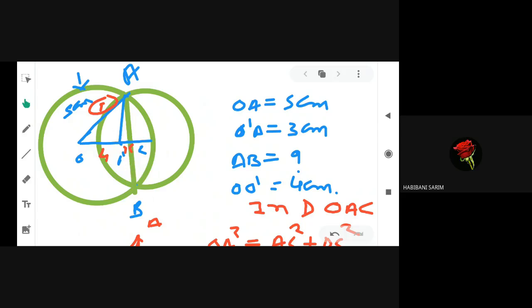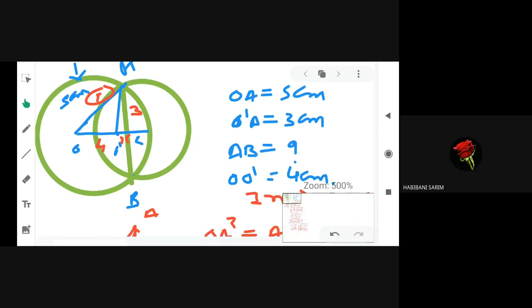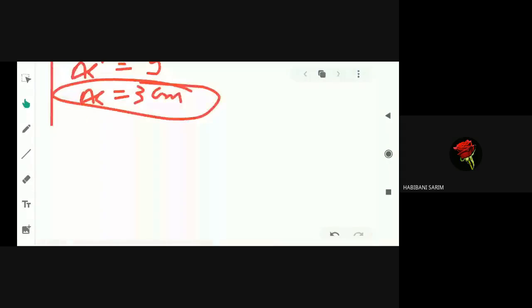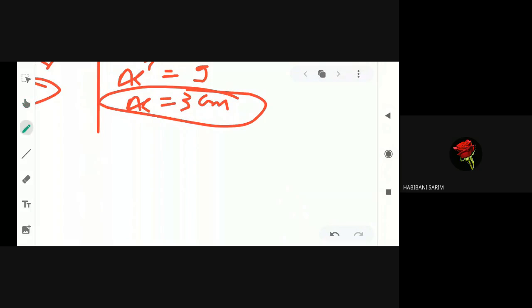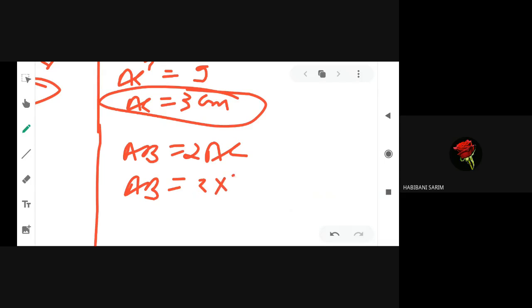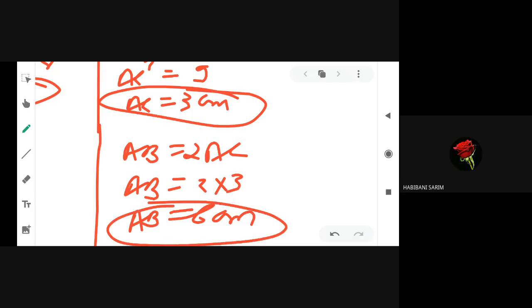Okay, we get only 3 centimeter is half chord. So if you want to find the whole chord AB, what is the value? AB is equal to 2AC. So AB is equal to 2 into 3. 6 centimeter is your answer.